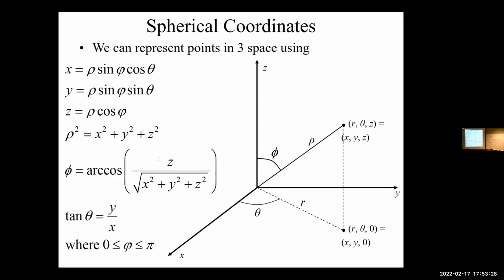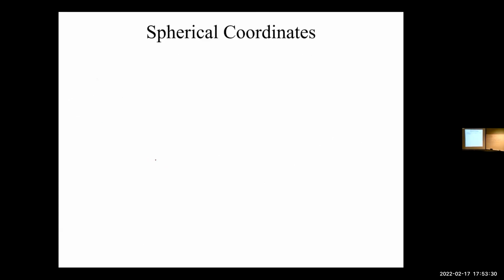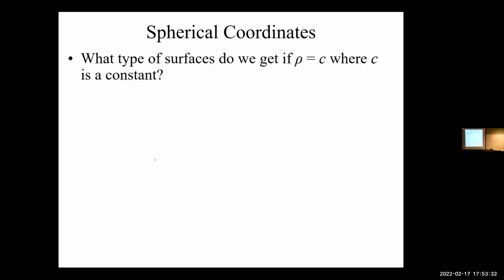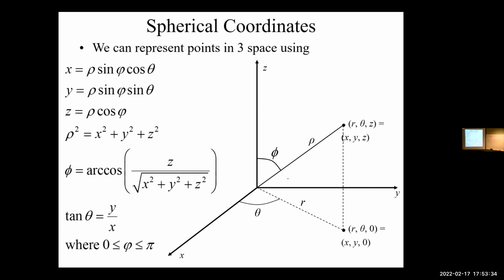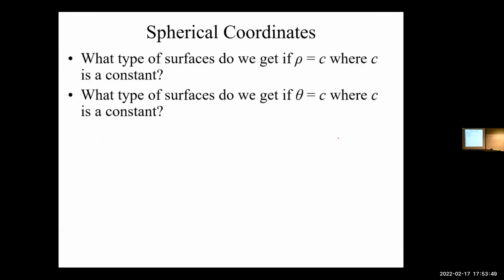And just like last time, we have our 3 fundamental surfaces we'll look at. So first off, if rho is a constant, remember rho is the distance from the origin. So if we set the distance from the origin to be a constant, what kind of surface do we get? A sphere, hence the name spherical coordinates. All right, theta constant, we already know that one because it's the same theta as before. It'll do that same plane that's perpendicular to the XY plane, goes through the Z axis.